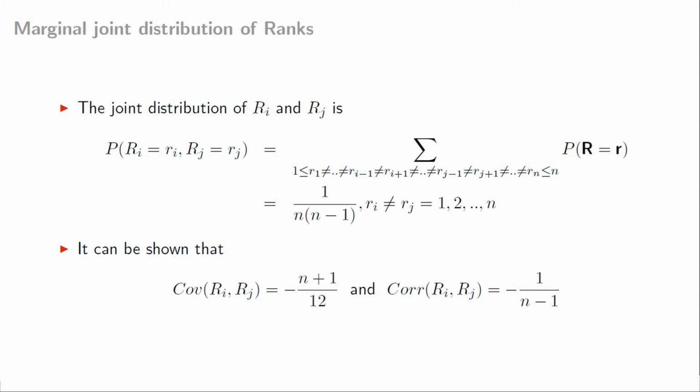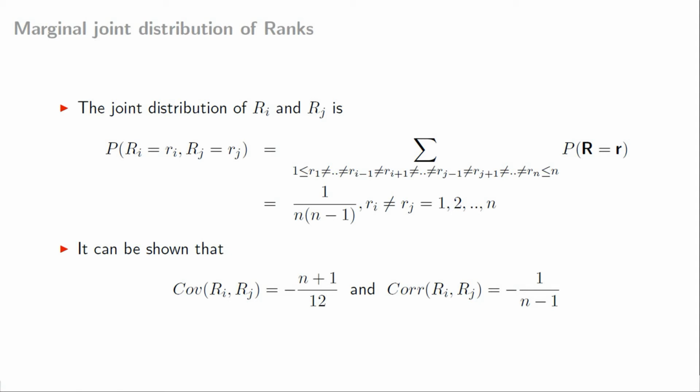Now, using some routine algebra, it can be shown that the covariance between Ri and Rj is minus (n plus 1) by 12, and hence the correlation coefficient between Ri and Rj is nothing but minus 1 by (n minus 1). It is interesting to observe that the correlation coefficient between Ri and Rj is negative. So, what is the reason?